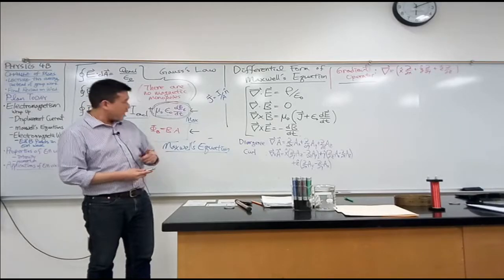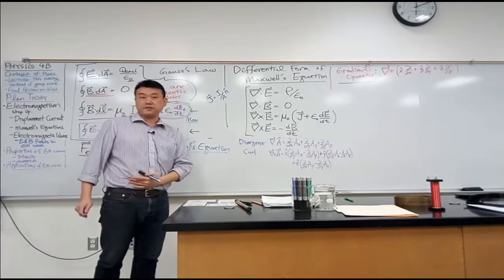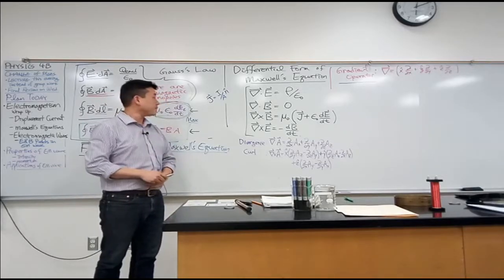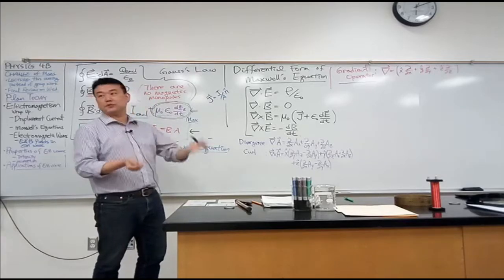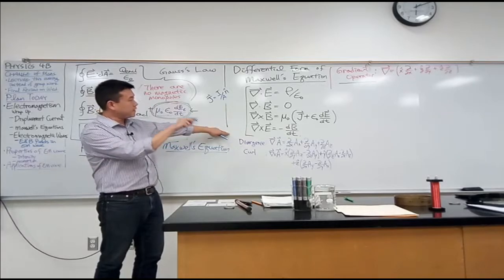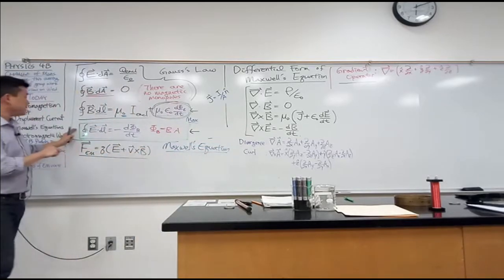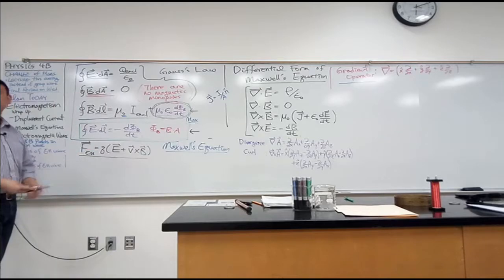This is really for people who have taken Math 3C or are currently taking it. You can actually see easily, or without too much difficulty, go from here to here. It's actually more difficult to go the other way. That's why I don't bother trying to derive these expressions from this, because it's a little bit too hard.